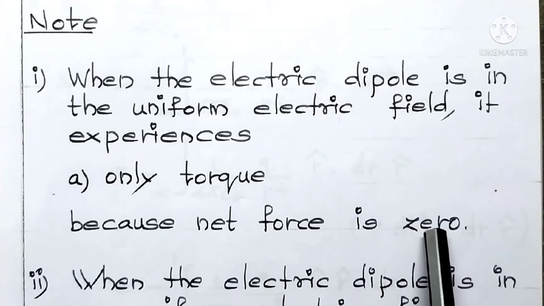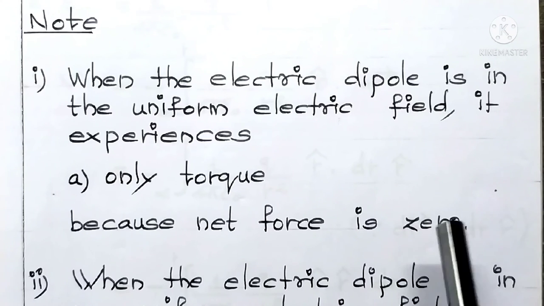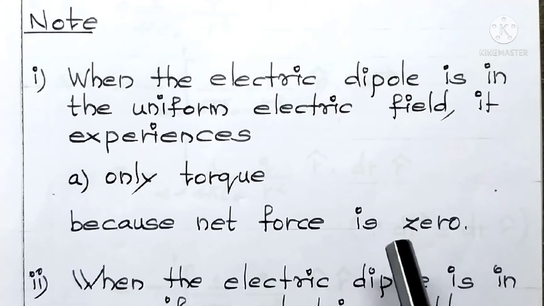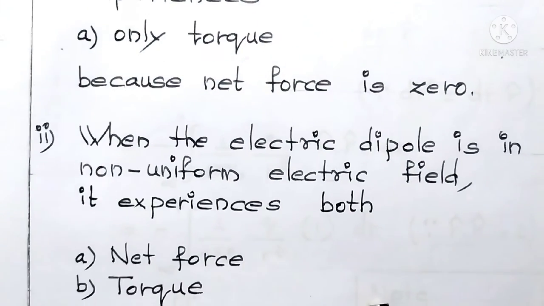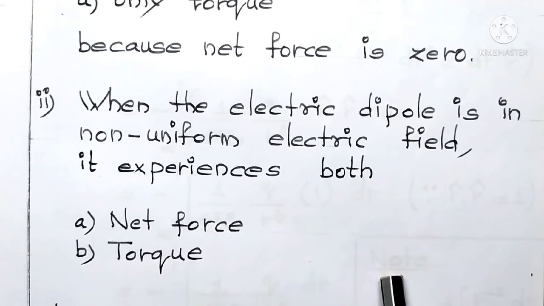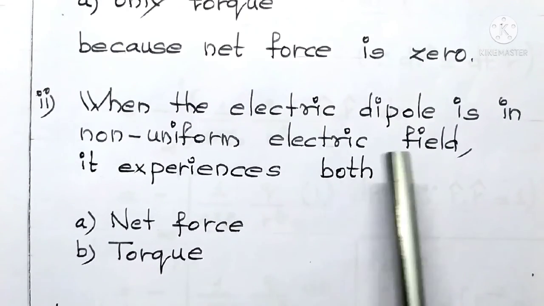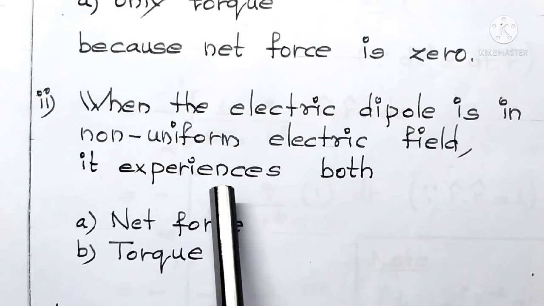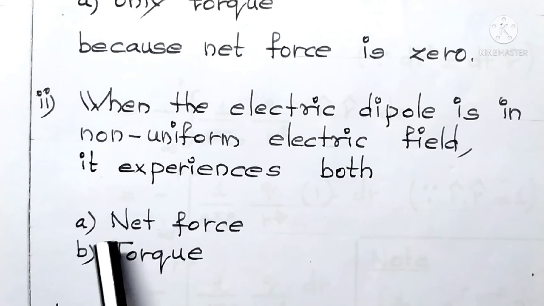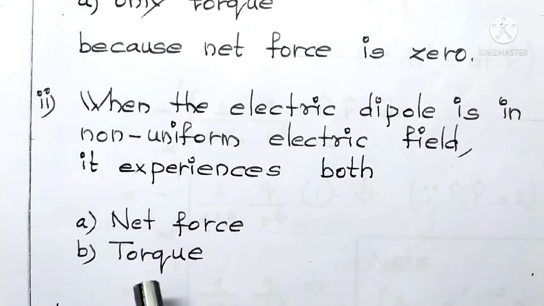Why is net force 0? As we have already seen in the diagram, both the forces acting at the two points are equal in magnitude but opposite in direction, so they get cancelled off. But when the electric dipole is in a non-uniform electric field, it experiences both, that is net force and also torque.